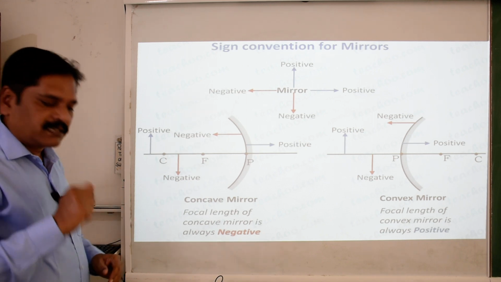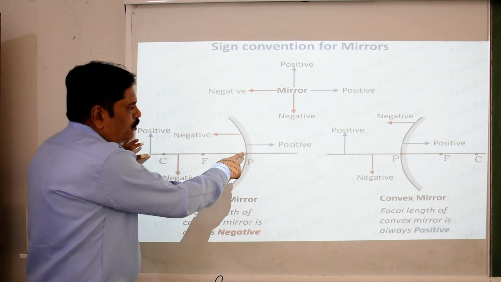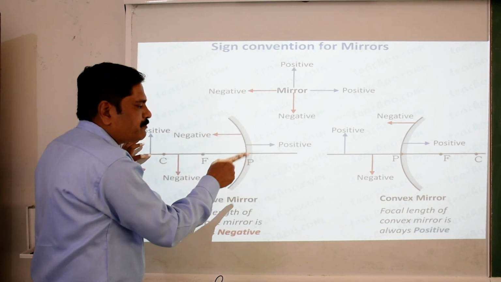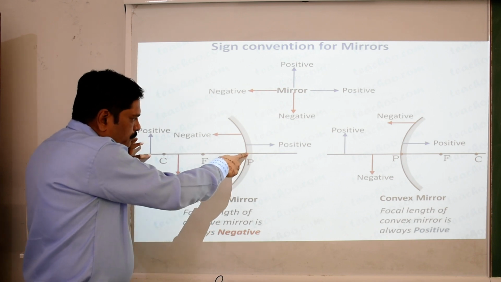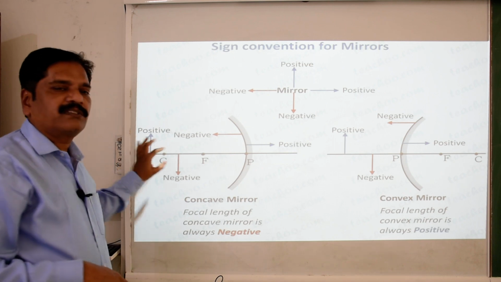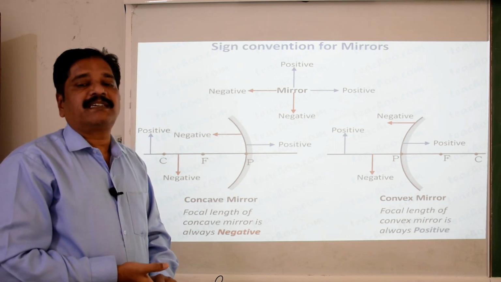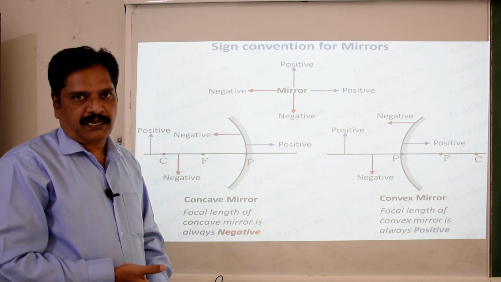To measure the distance of the object on this principal axis, what will be the origin point? That is the pole. So you will move from the pole to this position of the object, and this is the distance of the object.